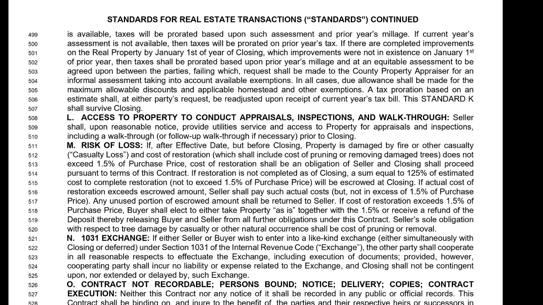Section L 508, access to property. Again, seller is obligated to allow access for appraisals, inspections, walkthroughs, and for utility service upon reasonable notice. This is where language like reasonable notice is why attorneys get paid, because what is reasonable notice? 5 hours? 24 hours? A week?